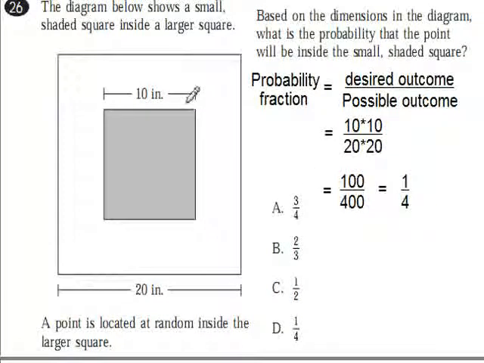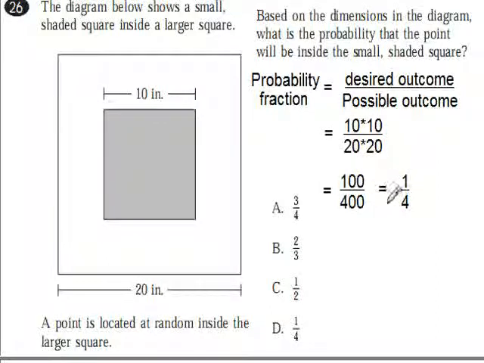So if I find the area of the small square, 10 multiplied by 10, or the side 10 squared, divided by the area of the large square, 20 times 20, or 20 squared. Well, 10 squared is 100. 20 squared is 400, and that's the area in inches squared, right?